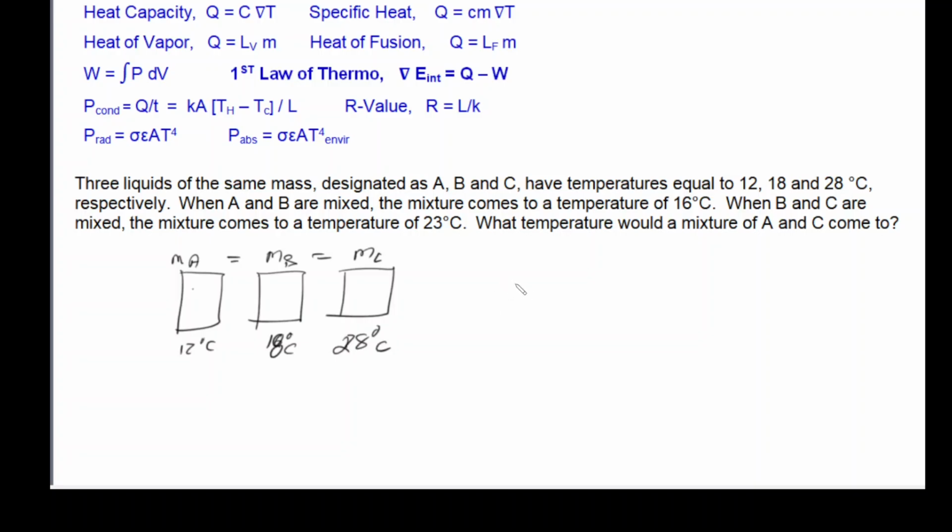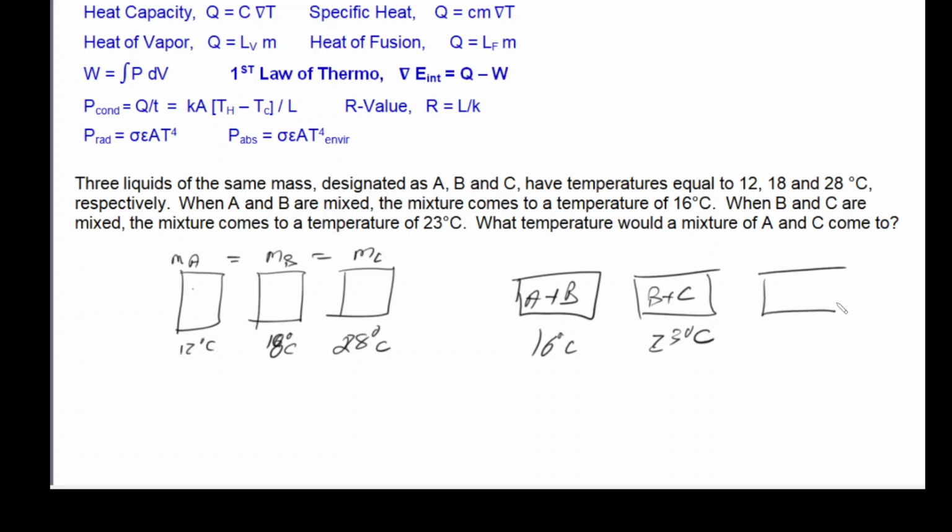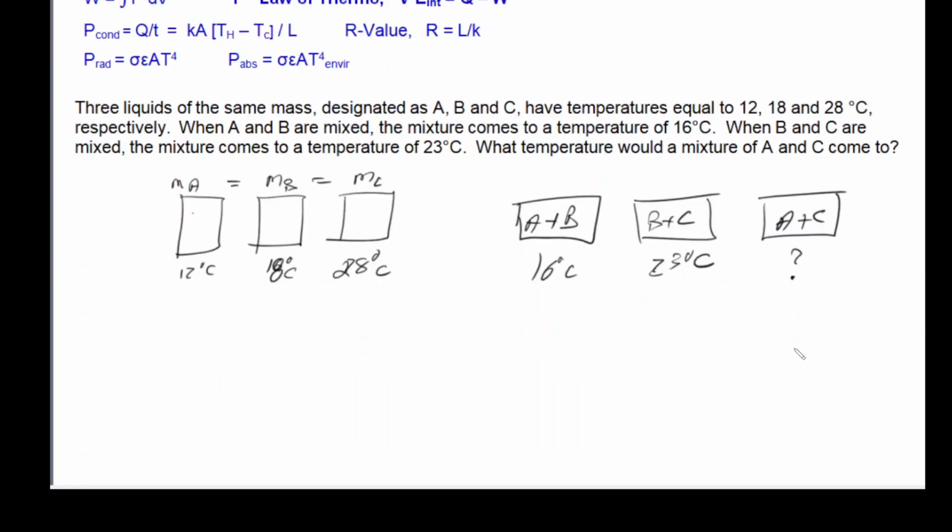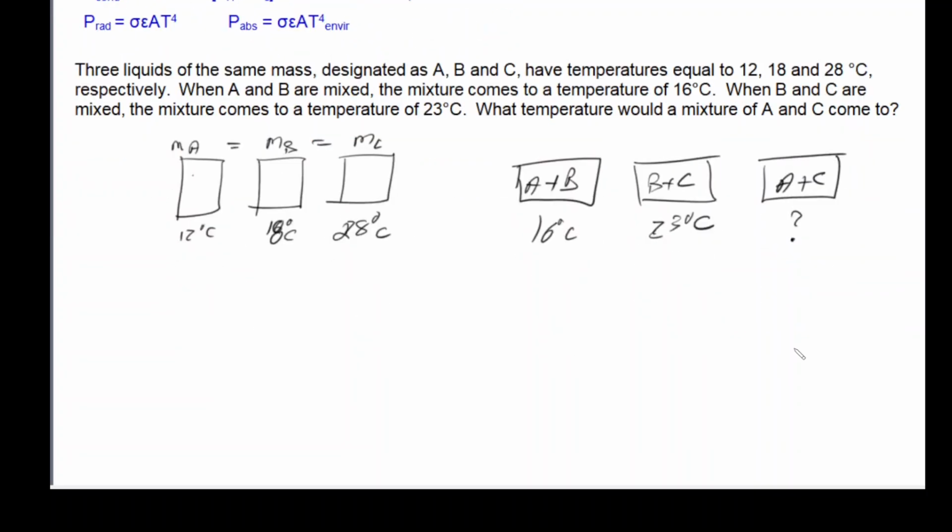So when we mix A plus B, we end up with 16 degrees centigrade. When we mix B plus C, we end up with 23 degrees centigrade. And we want to know what we end up with if we mix A plus C. What's the equilibrium temperature? So we're going to use specific heats.